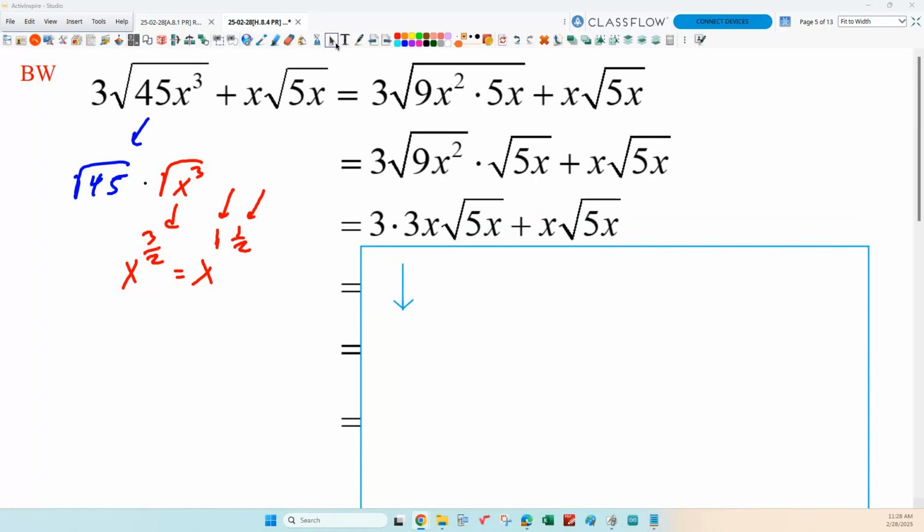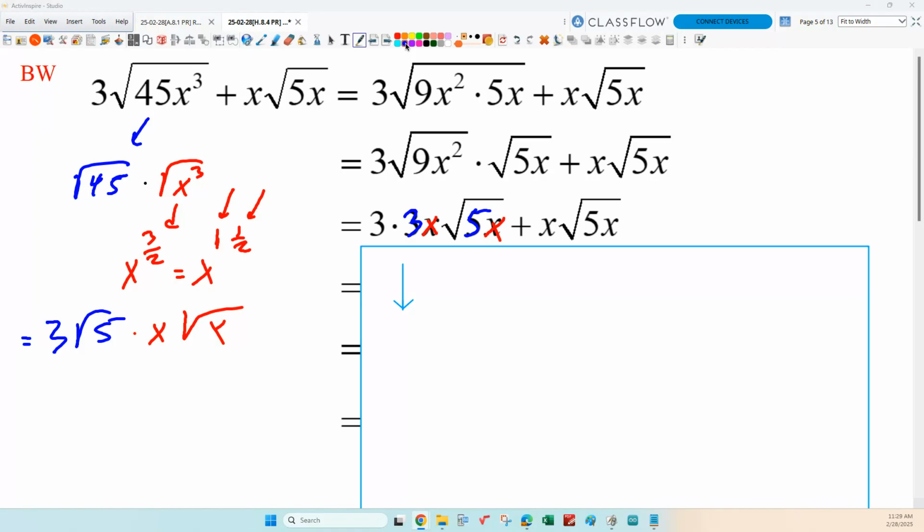Make sense? So let's do this. There's an outside x and an inside x and an outside 3 and an inside 5.